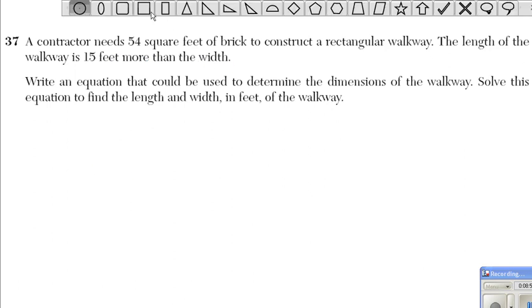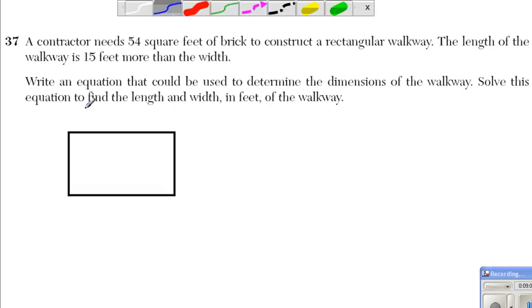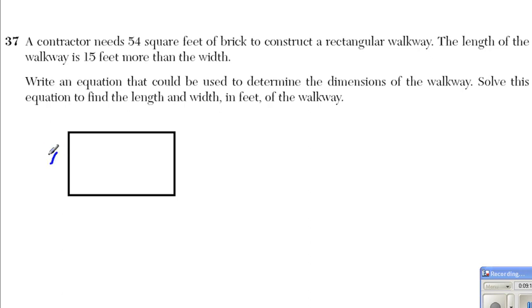That means when you draw the rectangle, if this is the width, let's call it x, and this will be x plus 15, where the area is 54. Simply put, x times x plus 15 is equal to 54.